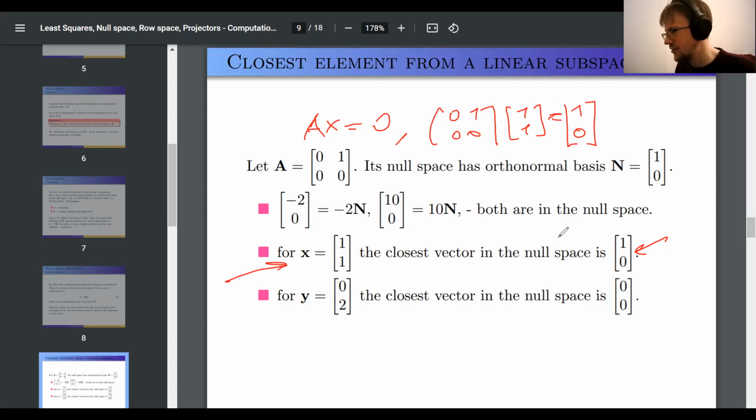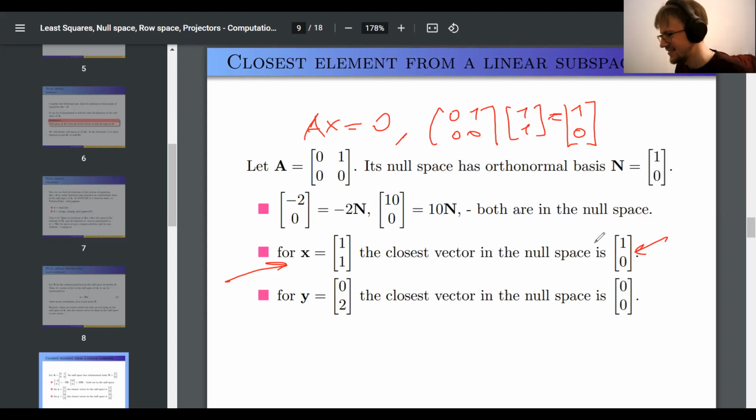I will give you a way to do it on the next slide. So we will understand later why it's the closest element. I'm going to give you a way to find those closest elements, but you should understand why it is the closest.